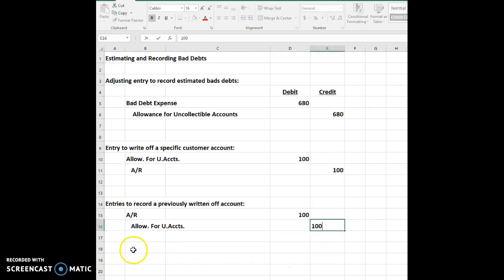So what that does, that sets us back up to where we were before we wrote the account off. Okay, so once this is set back up, we can make the entry to record the cash, just like we do any other payment any other customer gives us during the year. Debit cash, $100, and then credit accounts receivable, $100.